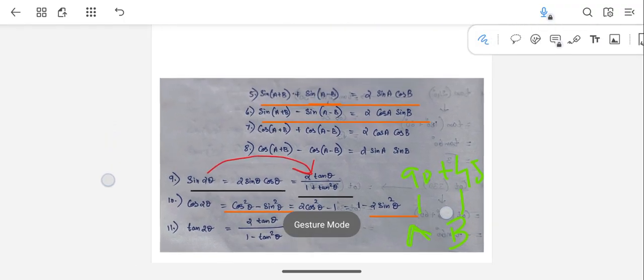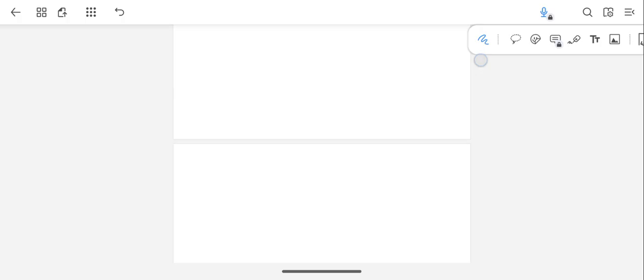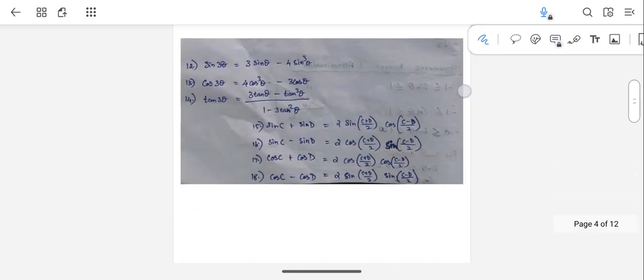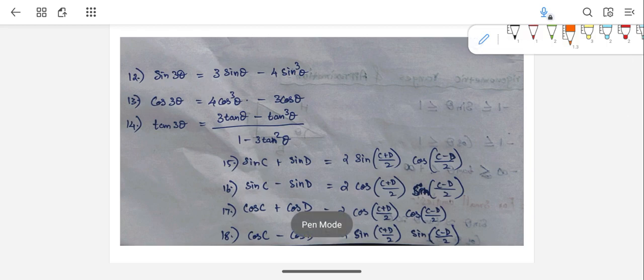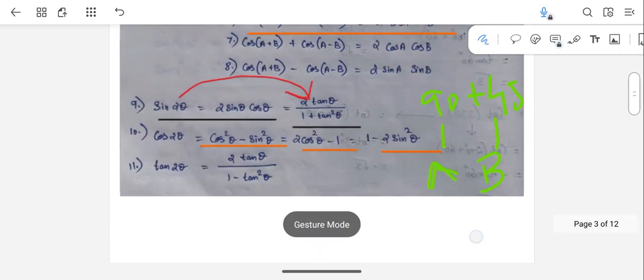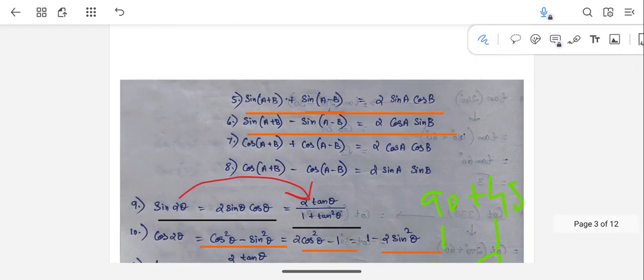I hope everything is fine here, right? Similarly, there you have sin 2 theta, but here it is 3 theta, so the right hand side values will also change. Simple thing.